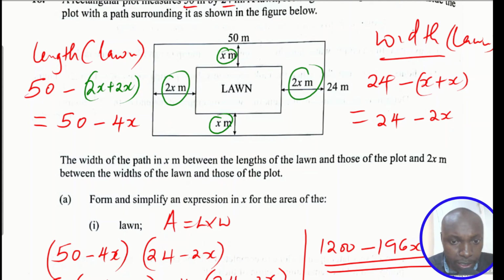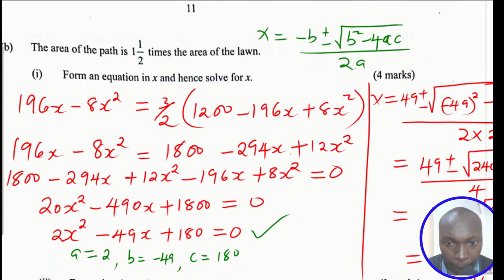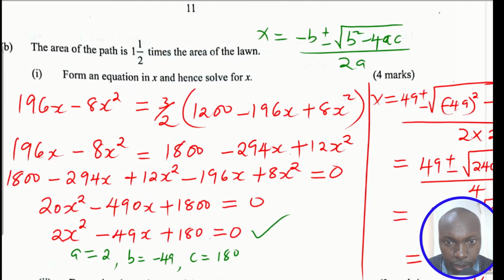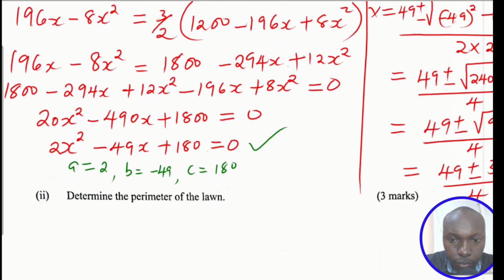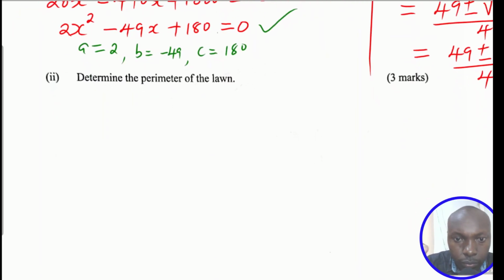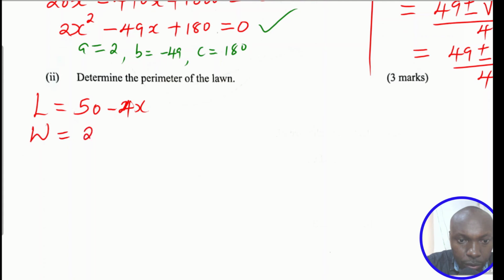So to get the perimeter now will not be a big issue. Having the values of x, we got the value of x. Let me just confirm. The width was 24 subtract 2x.